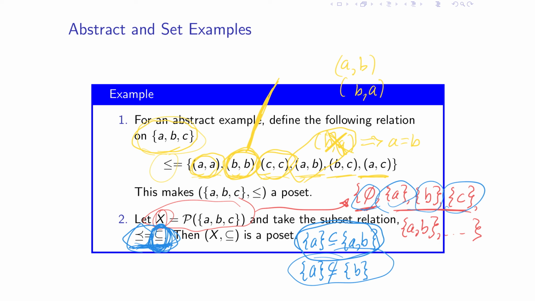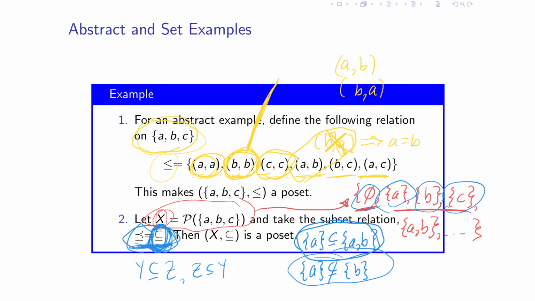Why is it a poset? Let's think about reflexivity. Is everything a subset of itself? Yes, so it's reflexive. What about antisymmetry? If a set Y is a subset of another set Z, and also Z is a subset of Y, does it follow that Y is equal to Z? Yes, it does.